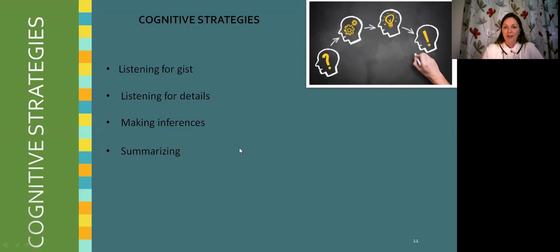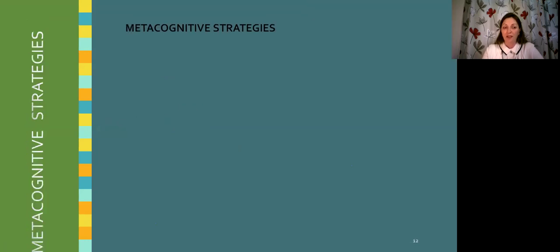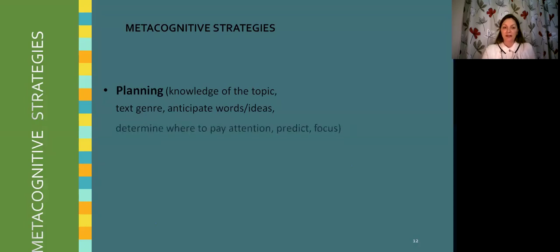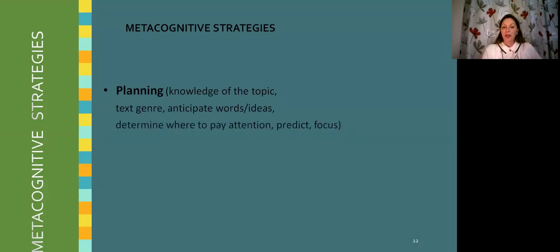Okay, so cognitive strategies, they're really important, but the main point of my research are metacognitive strategies. There we have planning, which includes knowledge of the topic, text genre, where we anticipate words, ideas. We determine where to pay attention, to predict, and to focus.